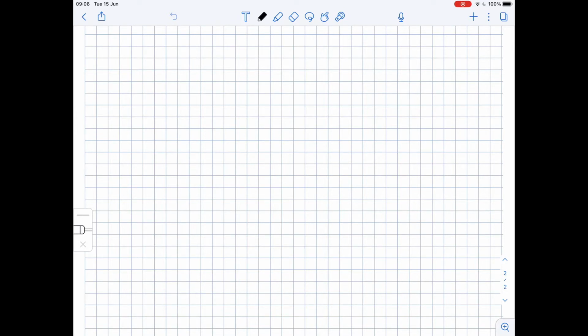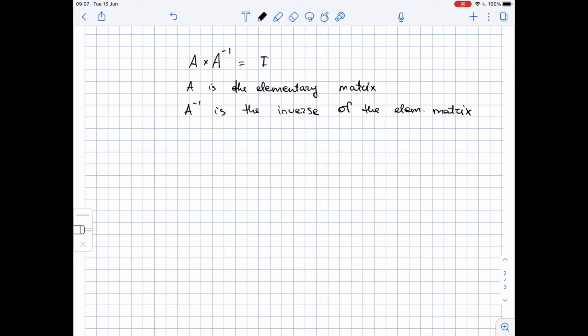So for instance, if you have matrix A times the inverse of matrix A, and it equals the identity matrix, then A here is the elementary matrix, and A inverse is the inverse of the elementary matrix. And obviously I is an identity matrix.